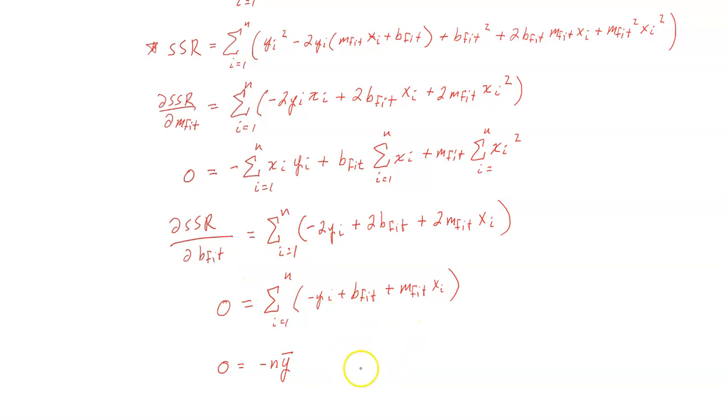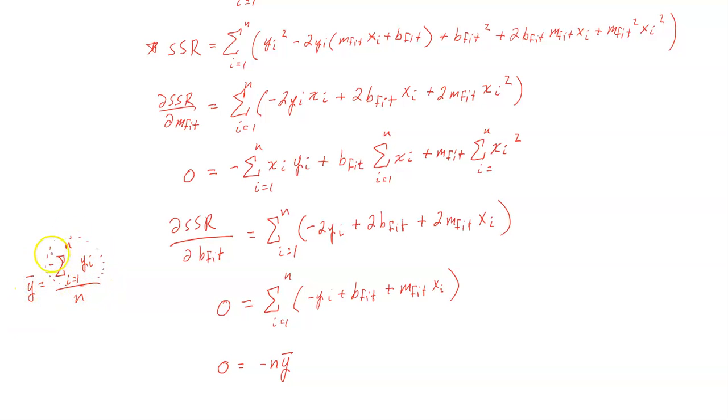And actually, maybe I should explain that just a tad more. So what is y bar? Well, y bar is equal to the sum from i equals 1 to n of yi divided by n. Well, the term that we have is negative this, right? Sorry, this is y bar.